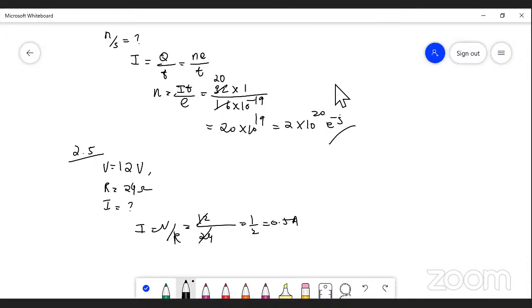Actually, there are so many problems involved in the idea of resistivity and conductivity, as we are bound to Ohm's law and this microscopic and macroscopic model of Ohm's law. We are simply solving very simple problems.